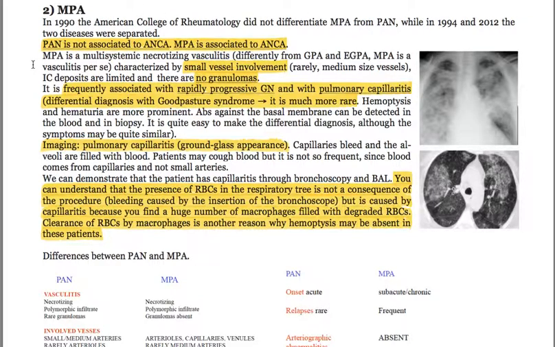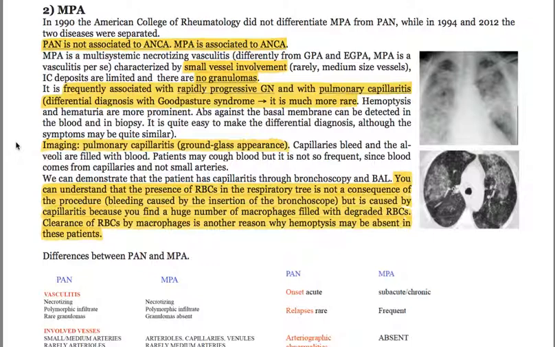MPA is a multisystemic necrotizing vasculitis. Differently from GPA and EGPA, MPA is a vasculitis per se, characterized by small vessel involvement, rarely medium-sized vessels. Immunocomplex deposits are limited and there are no granulomas.